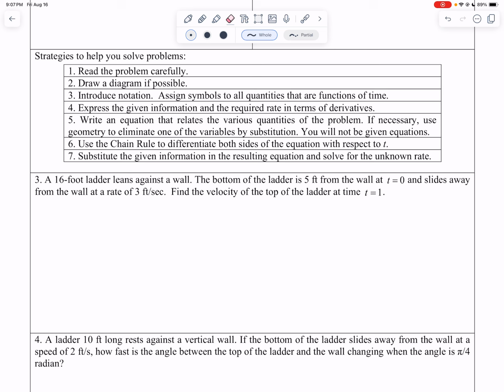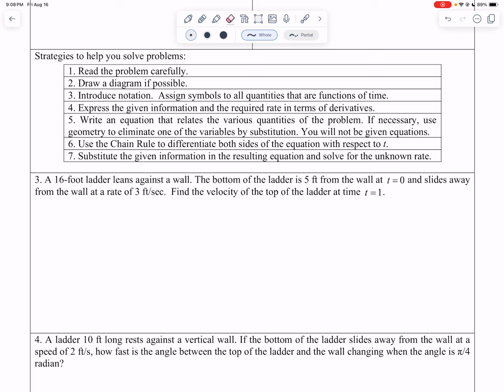Now, whenever we're talking about related rates, we want to read the problem very carefully and draw the diagram if possible. We're going to write down everything we know, so we're going to introduce some notation and assign symbols to all quantities that we know. We're going to express the given information and required rates in terms of derivatives.